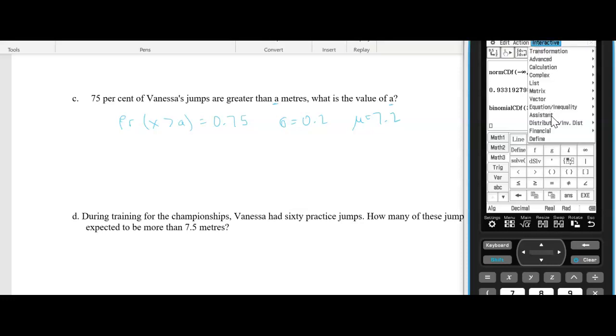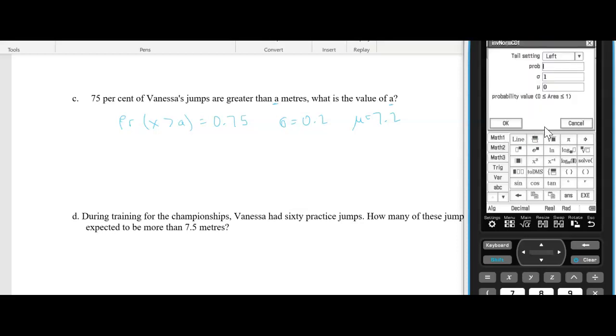So interactive distribution, inverse normal. We want 75% to be greater, so we want to go to the right. The probability is 0.75. The standard deviation is 0.2.